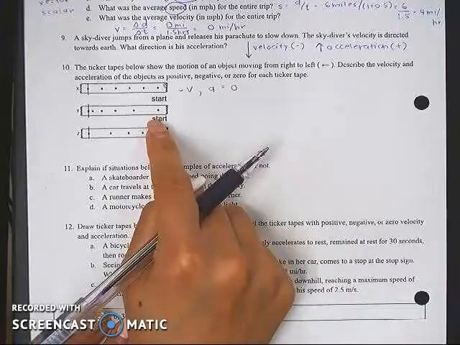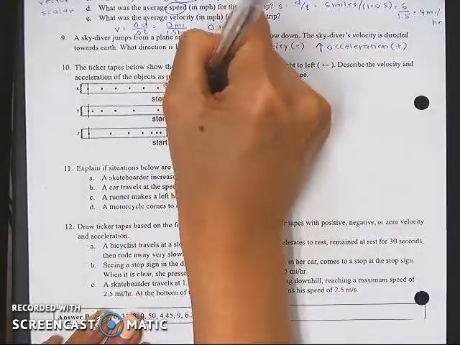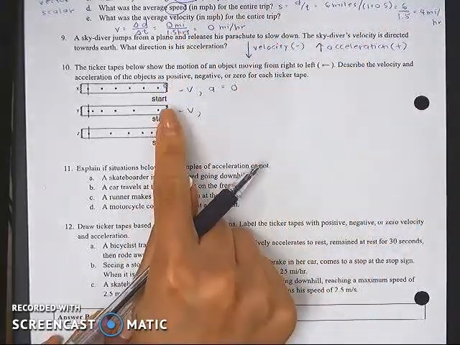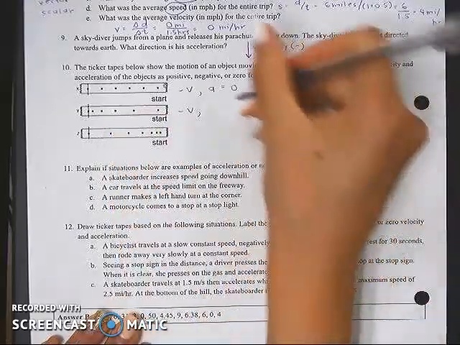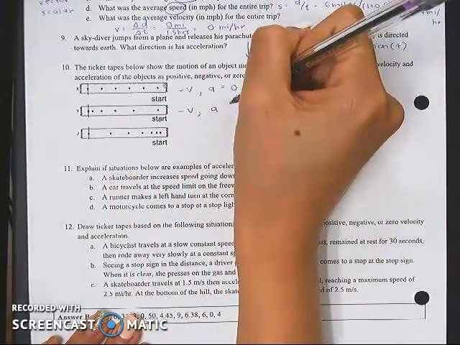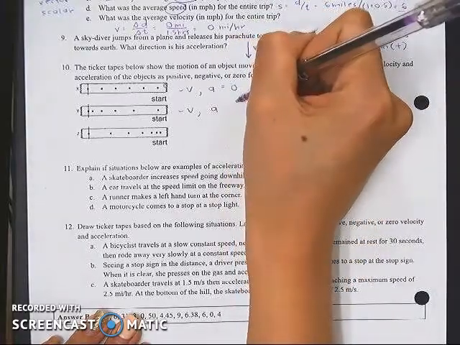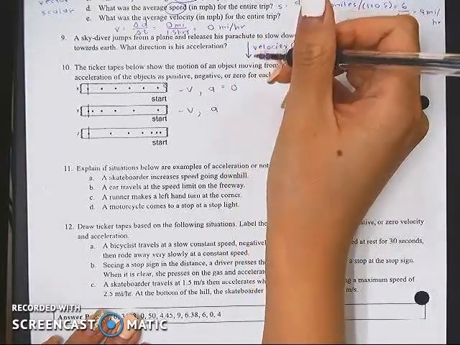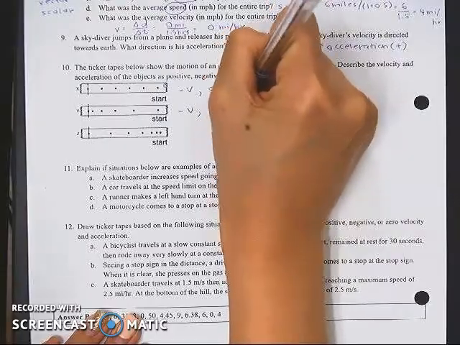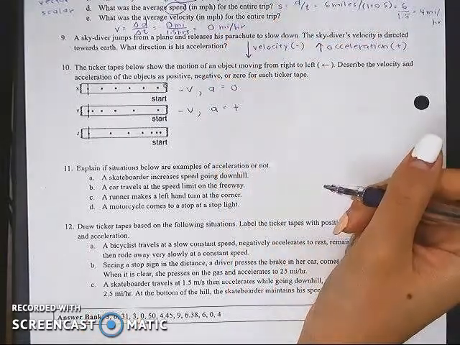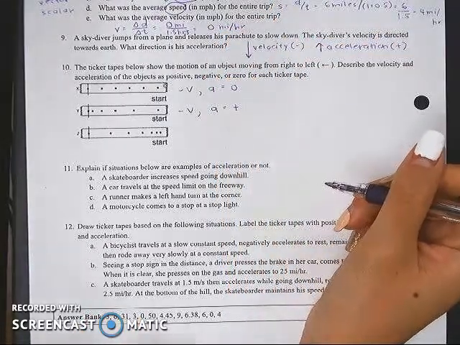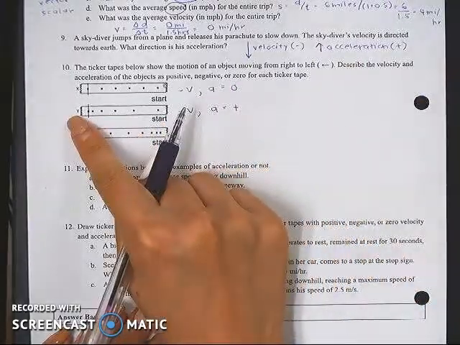Let's go to the next one, Y. This one also has a negative velocity because we're moving from right to left. And the acceleration in this case is positive. The reason it's positive is because it's slowing that object down.